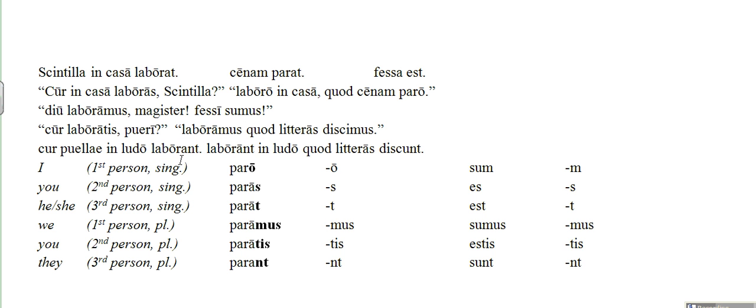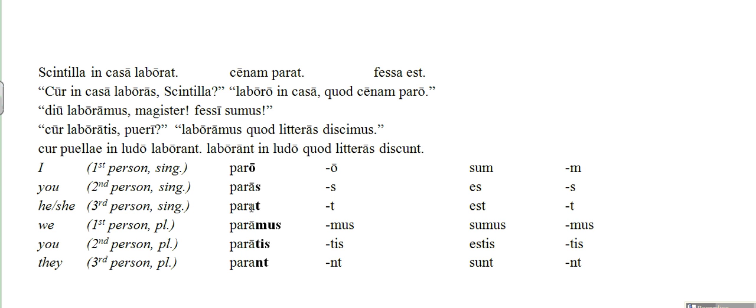Just one last thing, and that's it. We learned that there are categories of verbs: are verbs, ere verbs, ere verbs, and ire verbs.